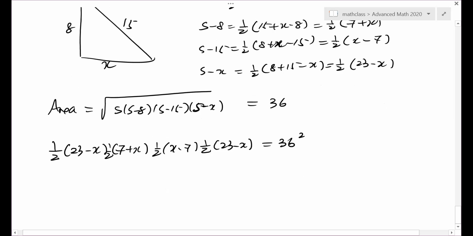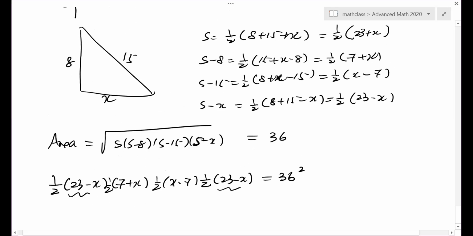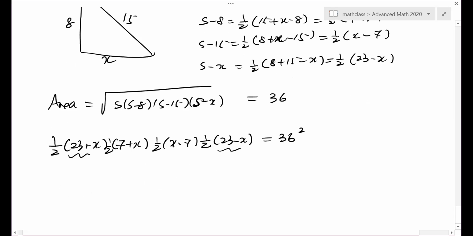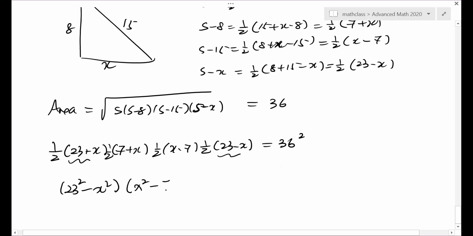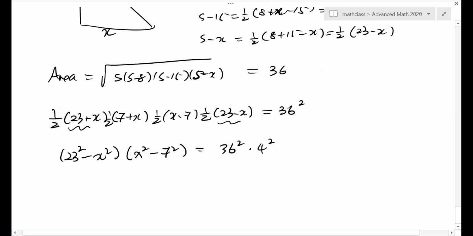Can you solve it? Yes, I can. I can tell you x is a very strange number. Multiplying out, I get 23 squared minus x squared, and x squared minus 7 squared, equal to 36 squared times 4 squared.